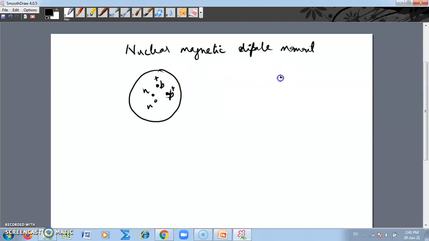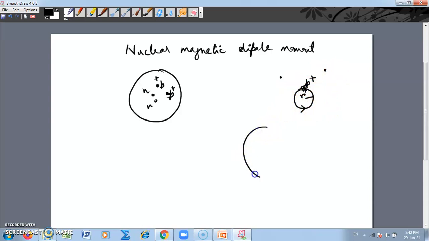A spinning particle is like a particle in circular motion, like a current. It means if it moves in a circle of radius r, suppose. This is a charged particle, a proton is a positively charged particle, so obviously it is equivalent to a current. So a charged particle in motion is a current.